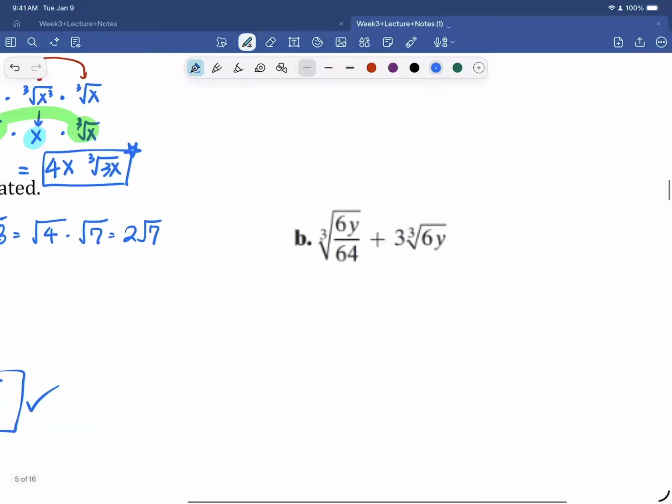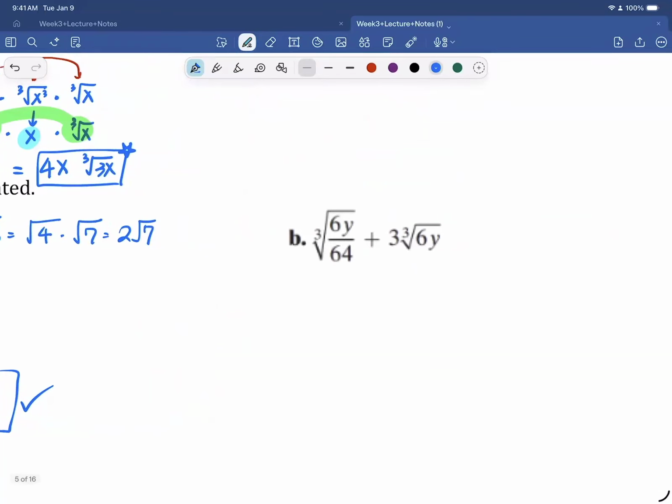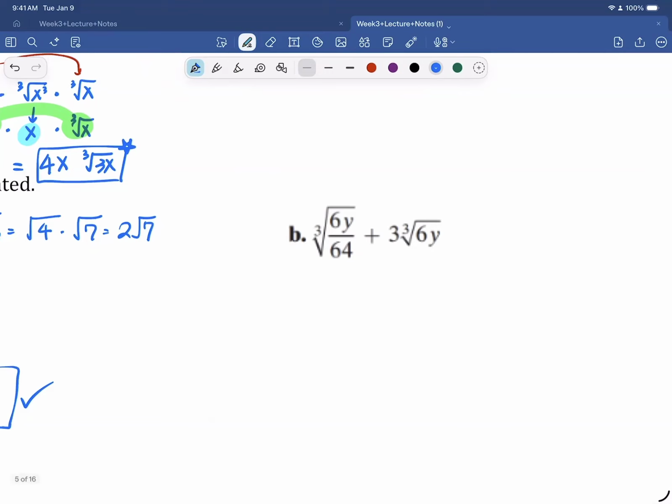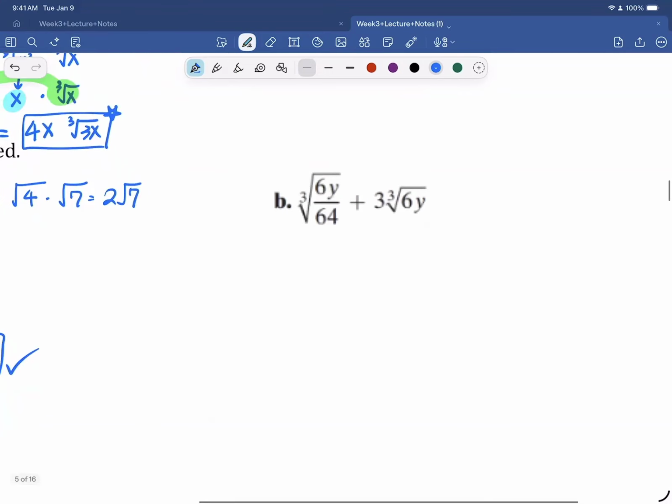And the next one is the third root of 6y over 64 plus 3 and then third root of 6y. You can split the radical on the top and the bottom.